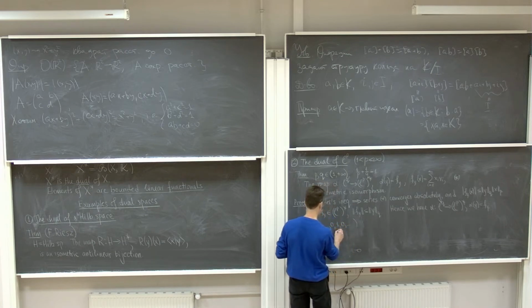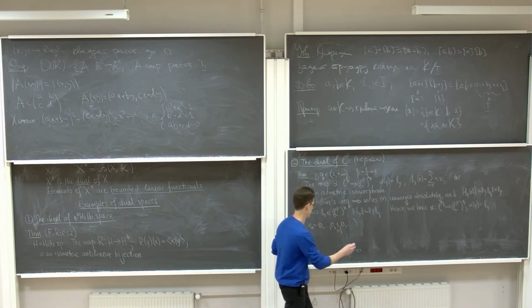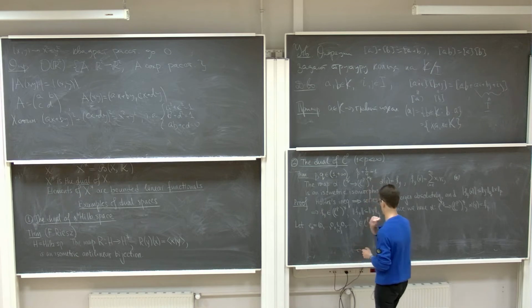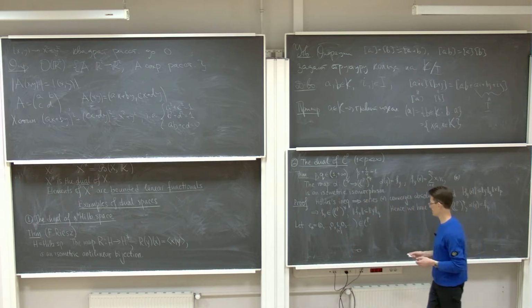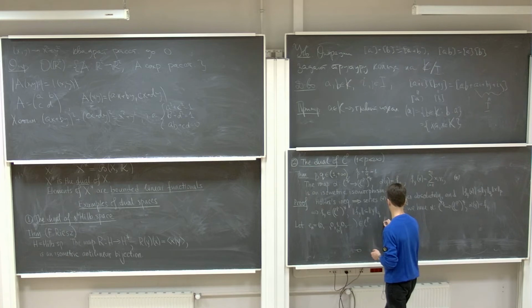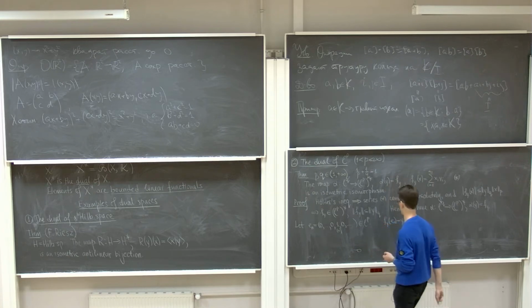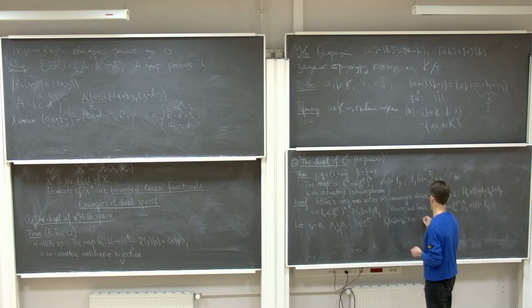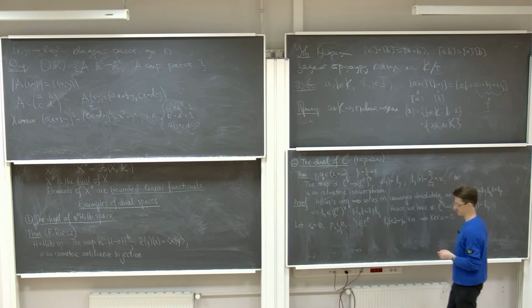As usual, En is the sequence where 1 is in the nth slot and 0 is elsewhere. And we observe that if we apply Fy to En, what we get is just yn for each n. And this really implies that the kernel of alpha is trivial.